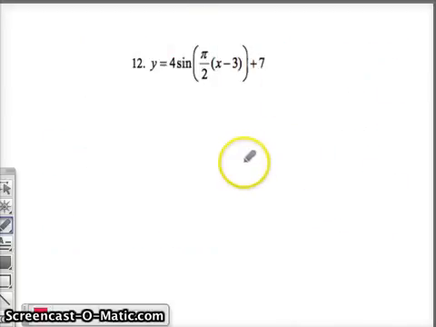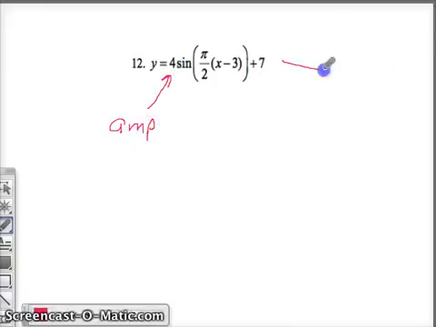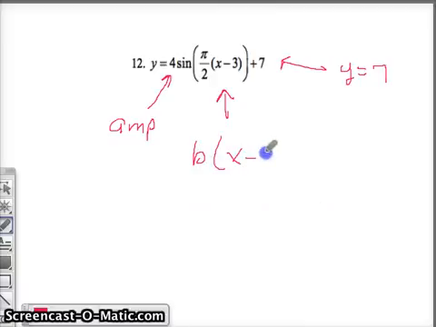All right. Now, this question says find the amplitude, horizontal shift, everything there. So here you go. First of all, that's the amplitude. This is a vertical shift, so it's 7. Y equals 7 would be the midline. Now, the difficulty is understanding what this means. That's B times x minus c. Well, that's actually pretty easy.